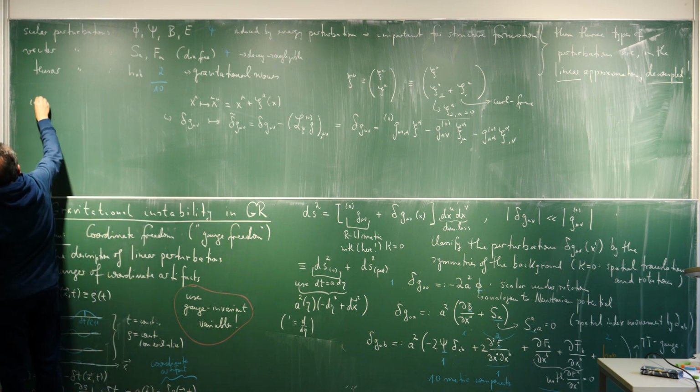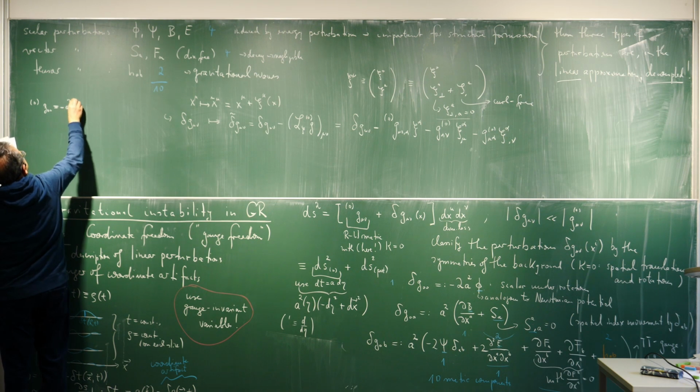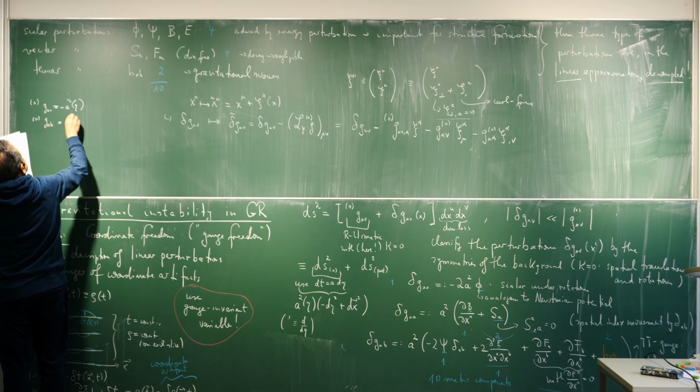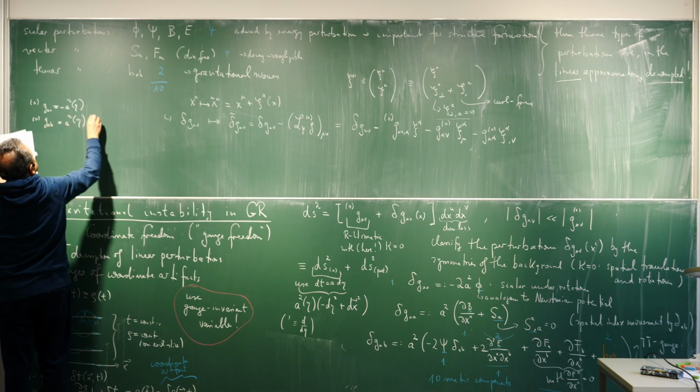Recall that we had g0 00 is minus a squared of eta, and g0 ab is a squared of eta delta ab.